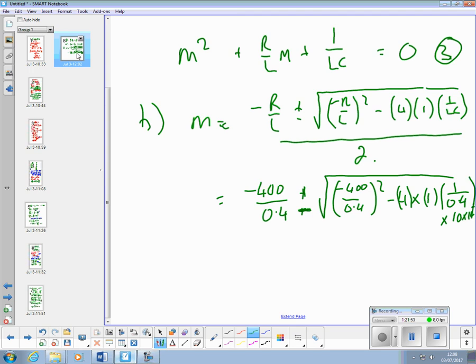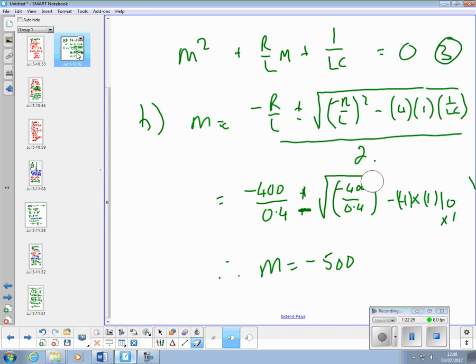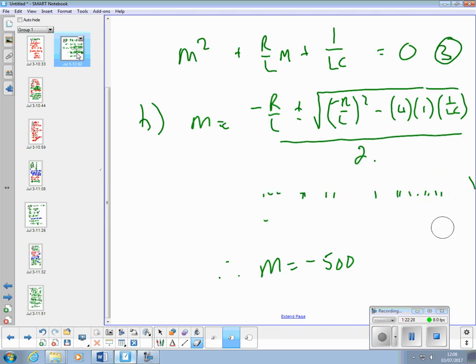I'm going to jump the gun and say m is equal to minus 500. There's only one solution. That bit in there comes to nothing. That's times 10 times 10 to the minus 6, it's the capacitor value. Yeah, 4 times 1 times 1 over LC. Hang on, I'll move it over so I've got enough room and I'll write it in again.